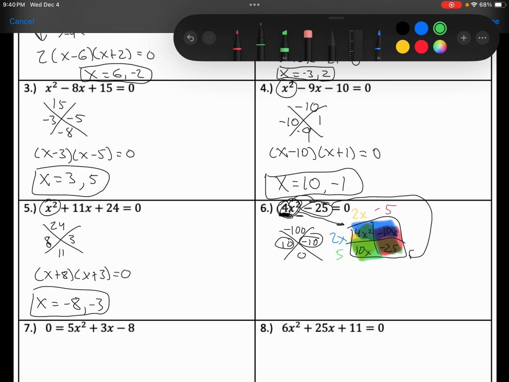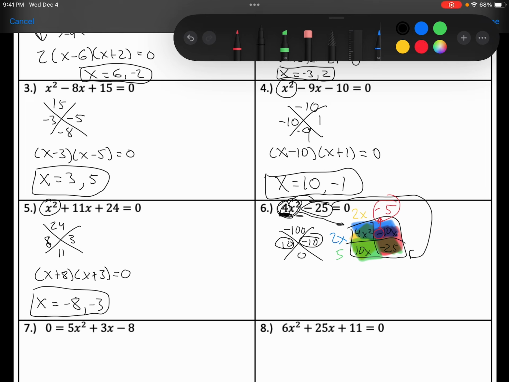The one tricky thing to remember here is that because this term was next to a negative, that makes it negative. So because this is a -10x, when we bring out the greatest common factor, we're going to get a -5 on top there. So these are our factors.